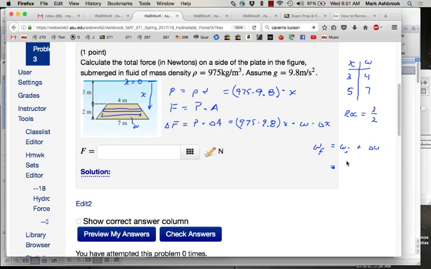Pick either point as initial, it doesn't matter. So pick this as initial. So it'd be 4 plus, and how do we get the change in width? Well, it's going to be our rate of change times the change in x, x minus 3.